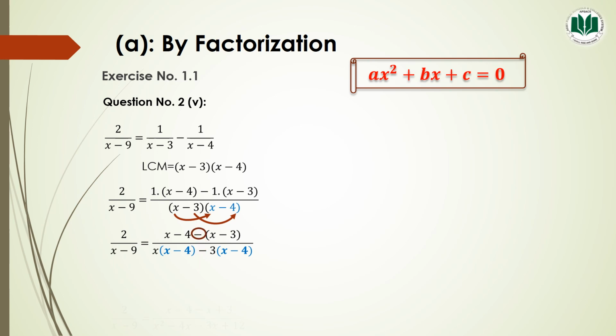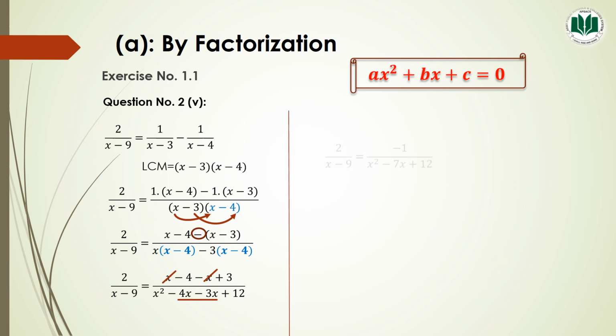Due to this minus sign, the inner sign will be changed. So we have got x minus 4 minus x plus 3 divided by x square minus 4x minus 3x plus 12. Plus x and minus x are cancelled and we will solve like terms in the denominator. We have got the right hand side as minus 1 by a quadratic expression.